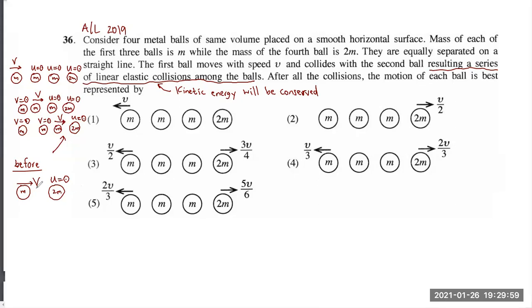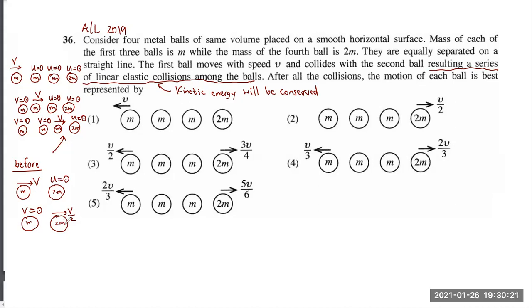Suppose you consider that m comes to rest and 2m goes with v by 2. What have I done here? Initial momentum is mv. Now final momentum is also mv, since 2m into v by 2 gives equal momentum.